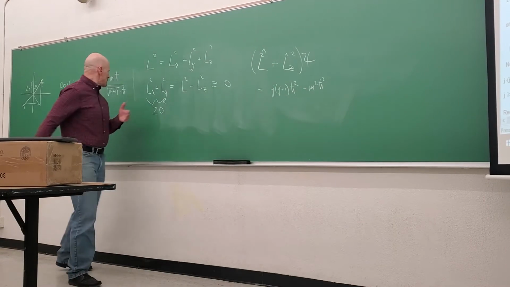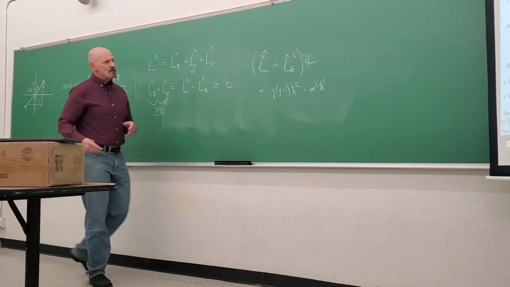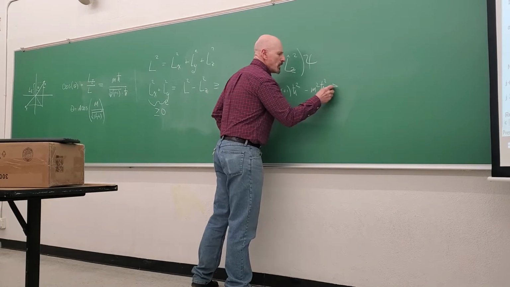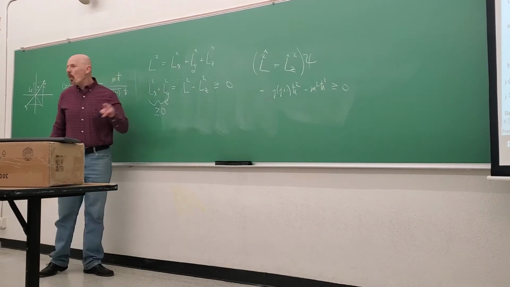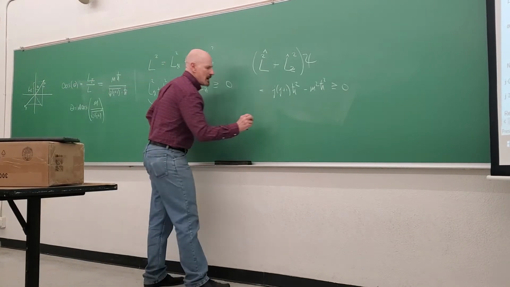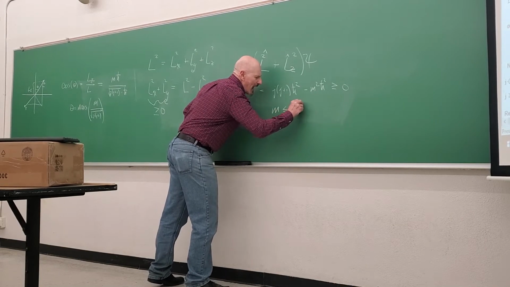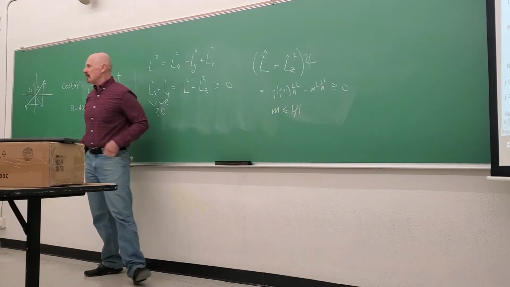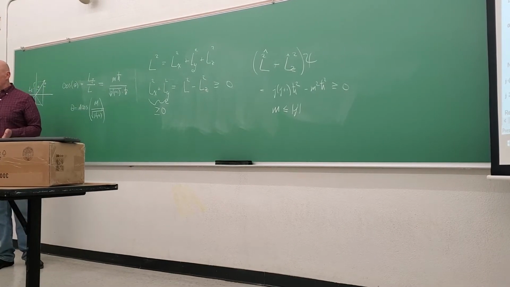This is greater than or equal to 0, as Sarah points out exactly correctly. The only way that can be true is for the absolute value of m to be less than or equal to j. If it exceeds j, that turns negative.